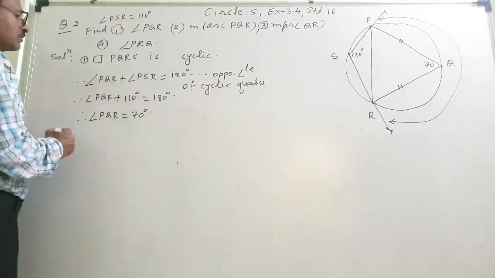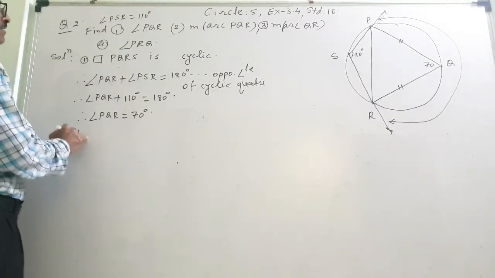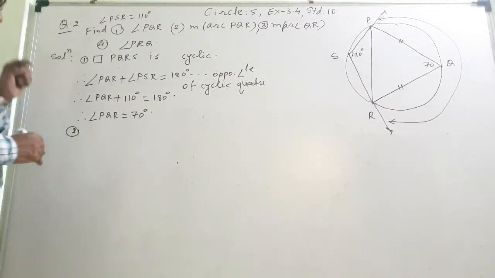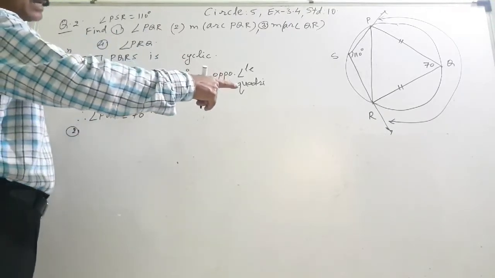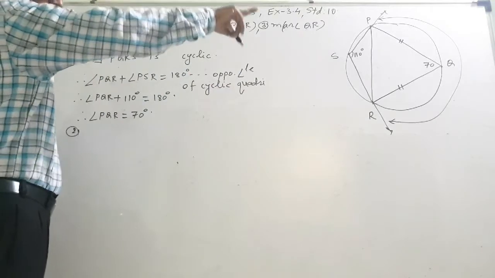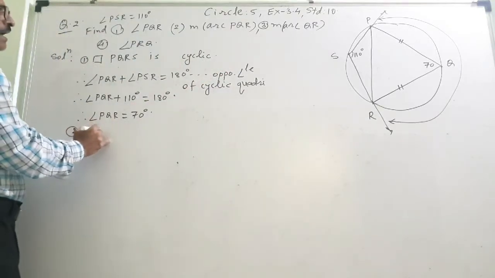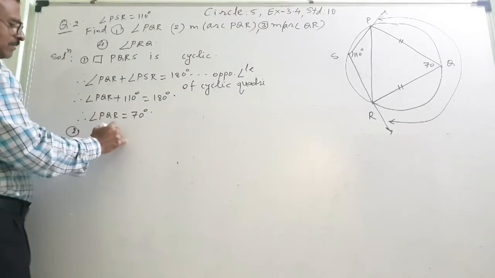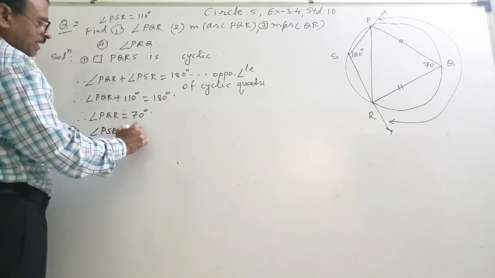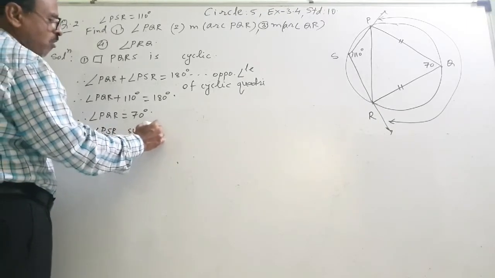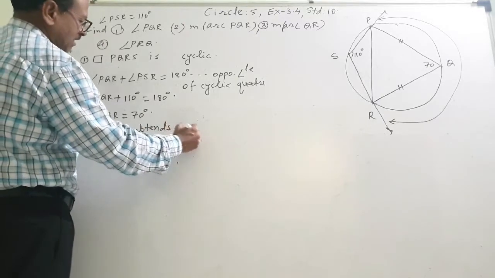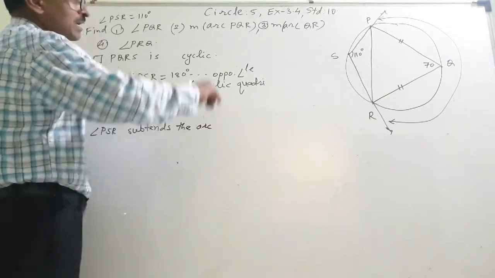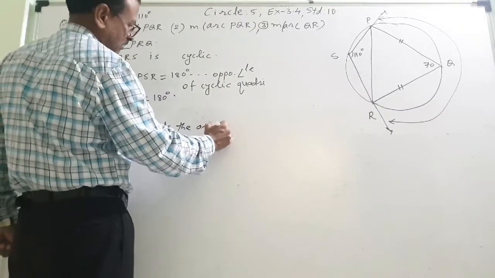For the second one, angle PSR subtends the arc PQR.